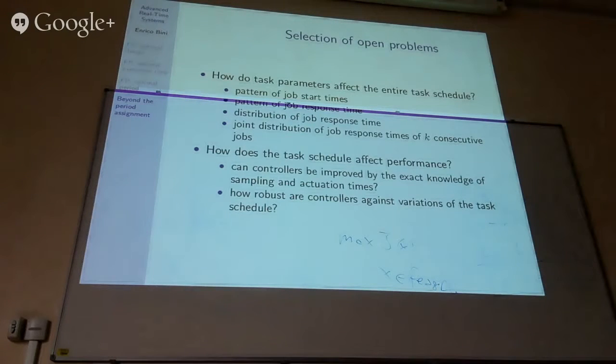In the worst case scenario, the worst case is the longest response time or the latest start time, things like that. But designing a controller based on the worst case may not be good. It's pessimistic, or it's wrong. So maybe knowing the exact pattern can improve the design.